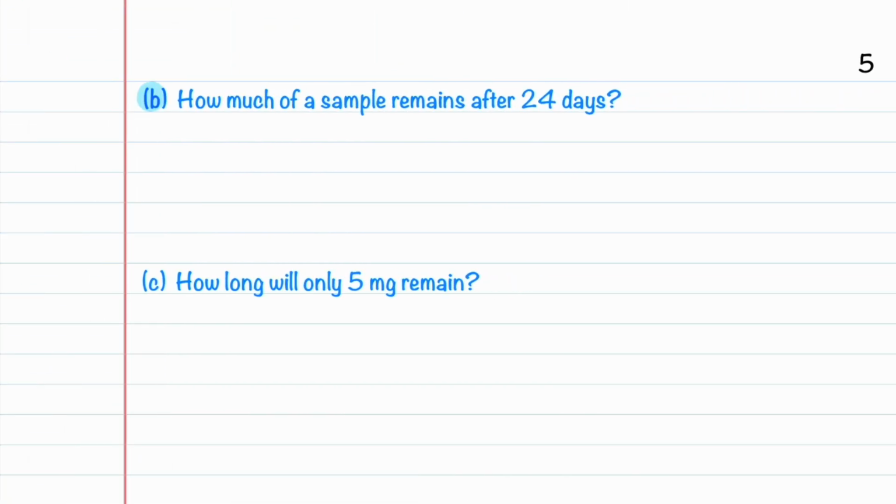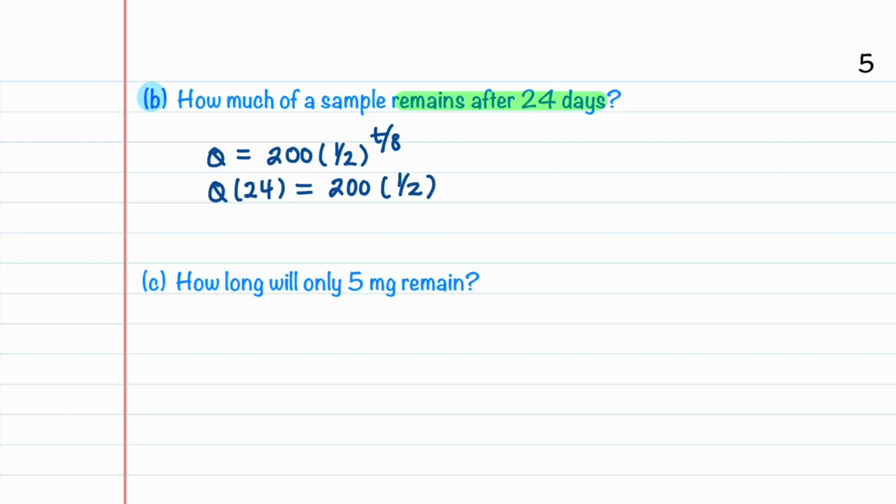We now want to find out how much of a sample remains after 24 days. Let's write down the expression for Q that we just found. We found that Q was equal to 200 times 1/2 to the t over 8. Now we're going to substitute in that t is 24. So our amount of iodine at 24 days is equal to 200 times 1/2 to the 24 over 8.